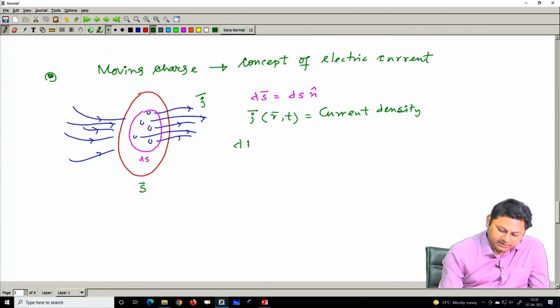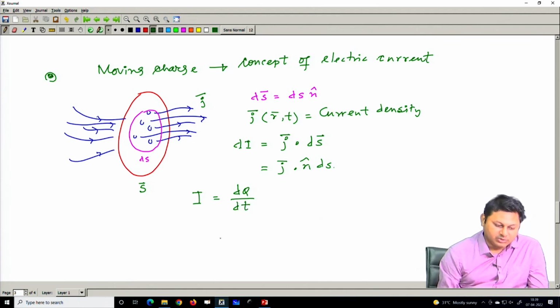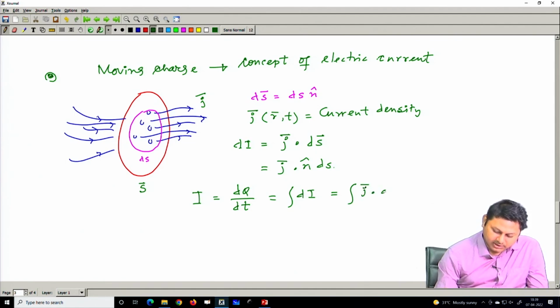So, di, the amount of current in terms of current density, is simply J dot ds, or J dot n ds. The total current I is the total charge divided by time, dq dt, and that should be equal to the integration of this di, which is the integration of J dot ds.